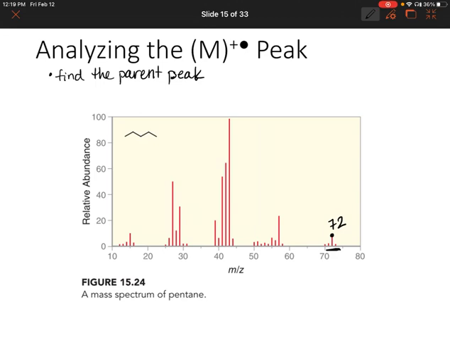Okay, so the mass to charge ratio, or the mass of our molecule, is 72. Let's see if that makes sense with pentane. So pentane has 1, 2, 3, 4, 5 carbons. And how many hydrogens? Let's see. So there's 1, 2, 3, 4, 5, 6, 7, 8, 9, 10, 11, 12.